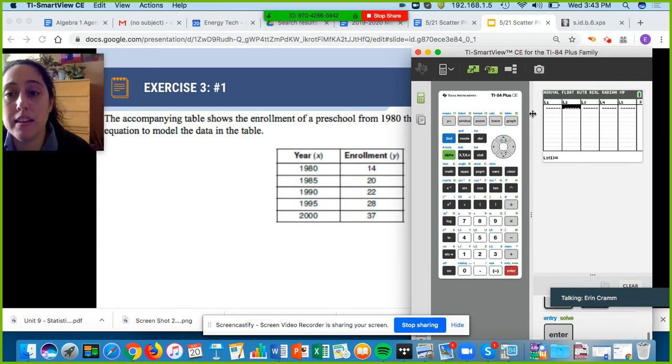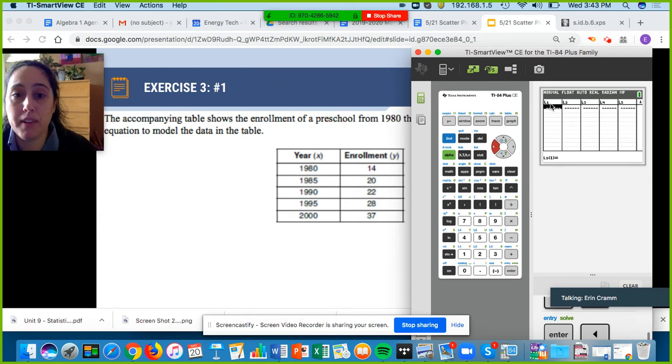So in this case, I would have 1980, 1985, 1990, 1995, and 2000. So there's my X's. Hopefully I put that in right. It's looking a little small here.